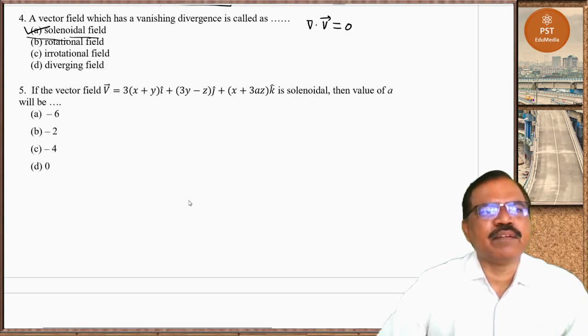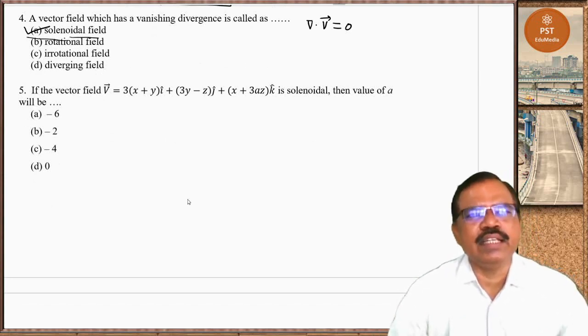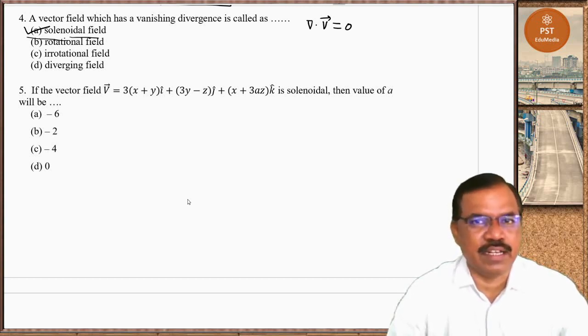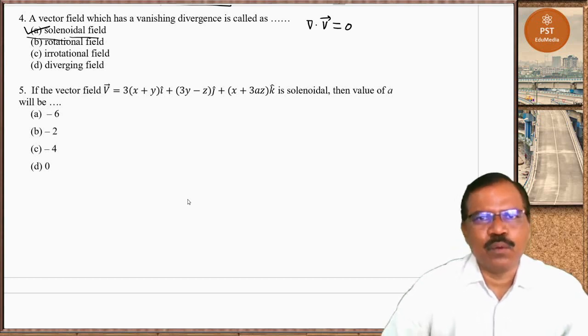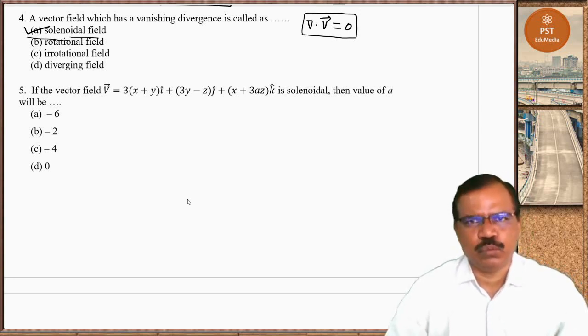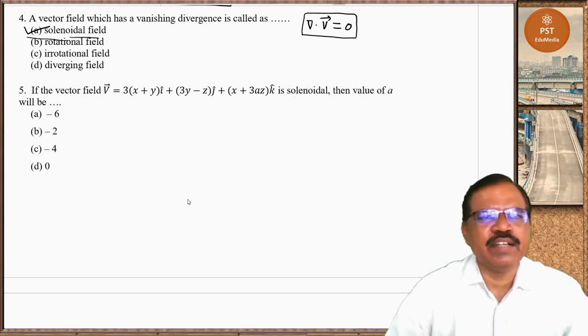Now, if the vector field V is equal to 3x plus y i plus 3y minus z j plus x plus 3az k is solenoidal, then find the value of a. Just we have seen, if the vector field is solenoidal, means del dot V is 0. So V is given here.